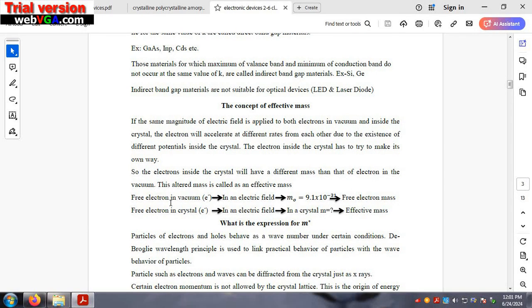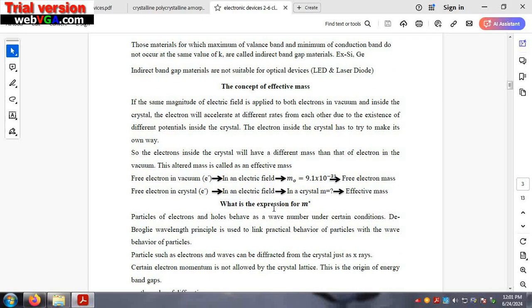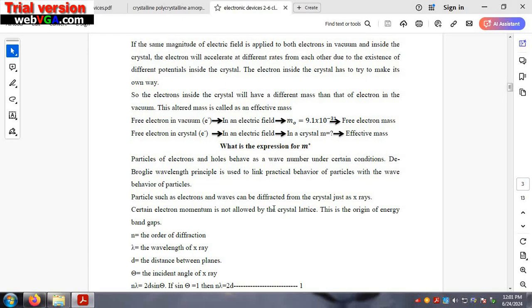Now if the same electron is inside the crystal and the same electric field is applied, the mass of the electron changes, and that changed mass is called the effective mass. Now we try to find the expression for m asterisk.